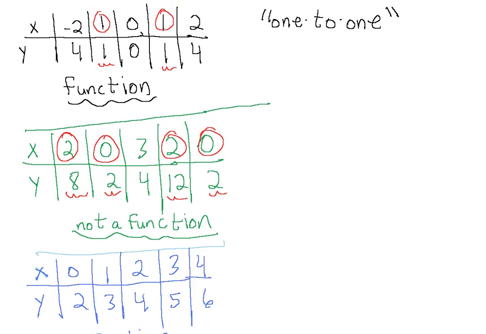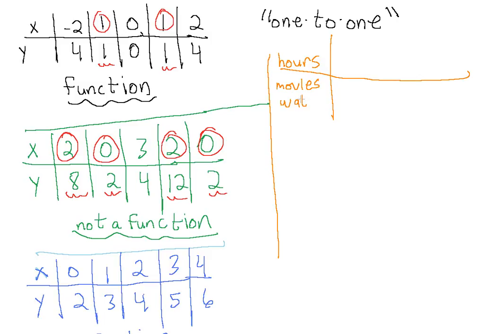Let's say we are given the following table of values. Here we're given the number of hours, could be number of hours worked. In this case, let's say our dependent variable is the number of movies watched. Okay, so we're given the number of hours for the number of movies watched. All right, this is sort of a real-world application of determining if the relation is a function.